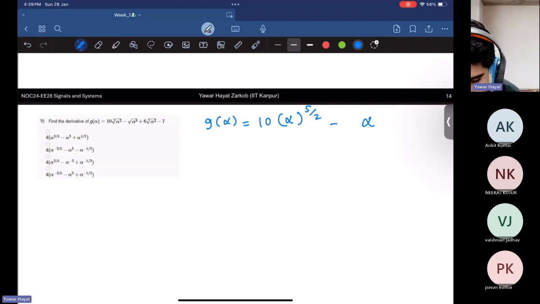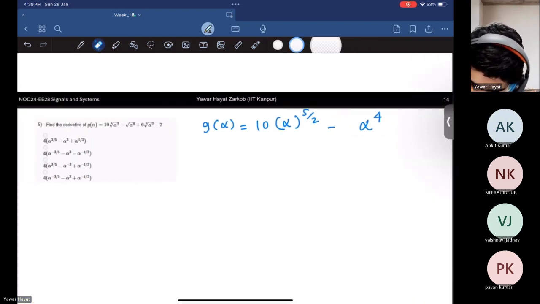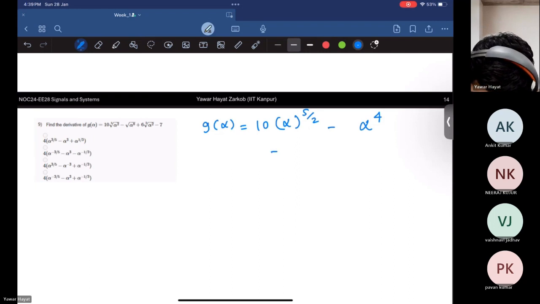Okay, this is alpha raised to the power 8 and square root of that. I can write it as alpha 8 by 2, and that is nothing but alpha raised to the power 4, plus 6 times alpha raised to the power 2 by 3, right?